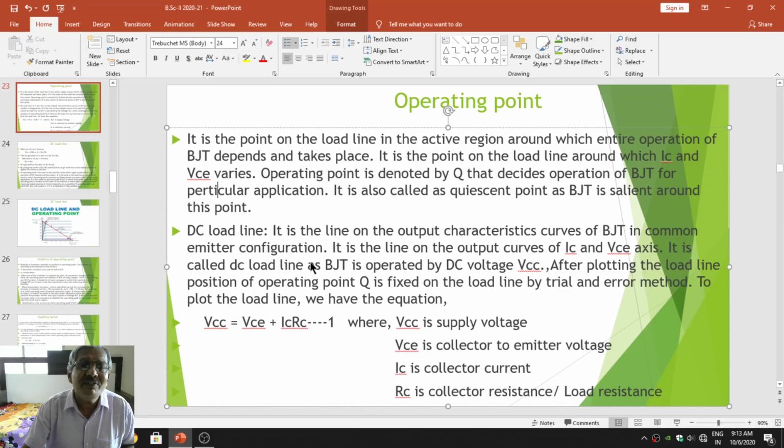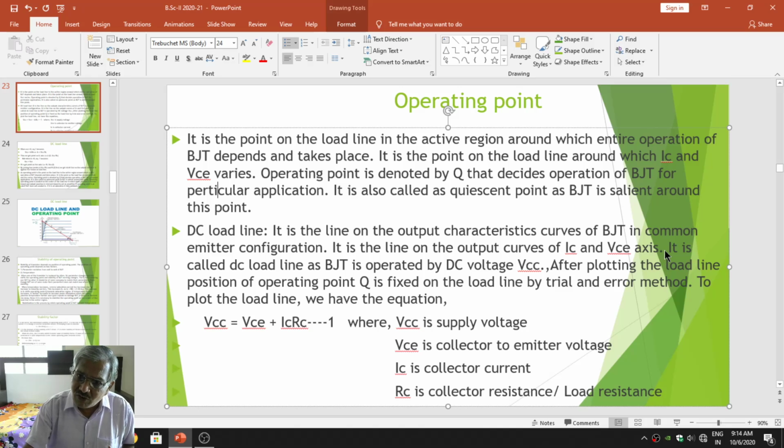By considering the BJT in common emitter configuration and its output characteristic curve, we are going to determine the 2 points to join. It is the line on the output curves of IC and VCE axis.